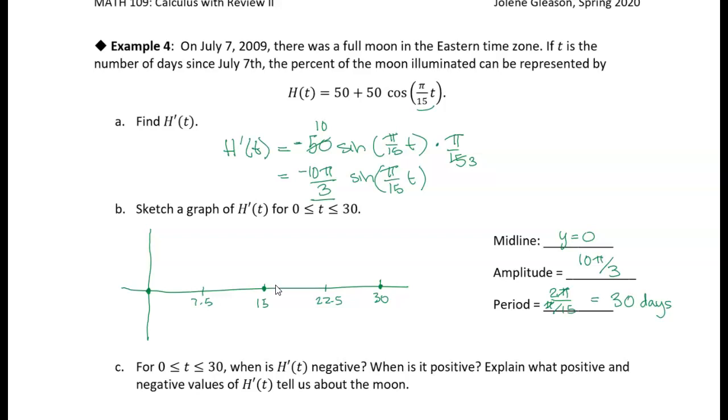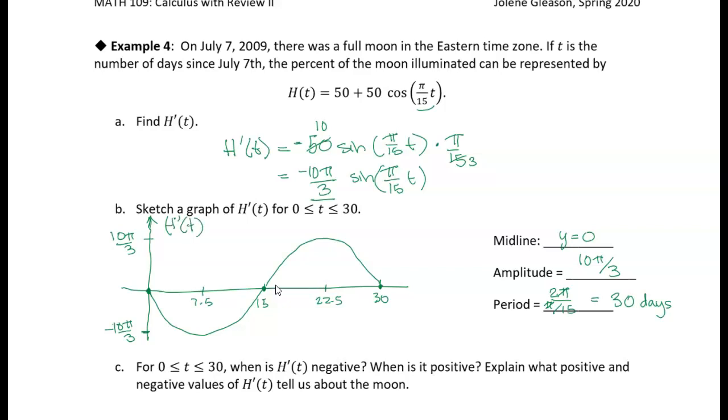It's going to look something like this, where it's going to go down to negative 10 pi over 3, and then it's going to go up and down. And it's going to go up as far as 10 pi over 3. Okay, so that's essentially what our h prime of t looks like.